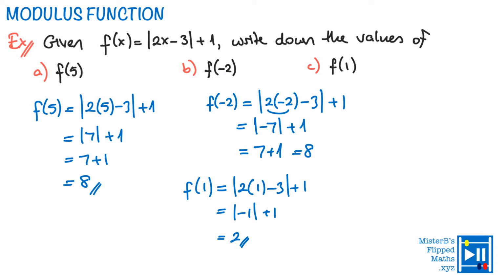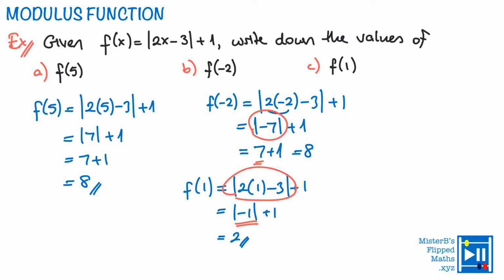So while calculating particular values of y for the function, you have to make sure that you simplify inside the absolute value to a single number, and then take it out of the absolute value. As here, we have minus 7 inside the absolute value. What is it? Well, it must be 7, right? So 7 plus 1, 8. I don't do the taking out here. I have to simplify it first, right?